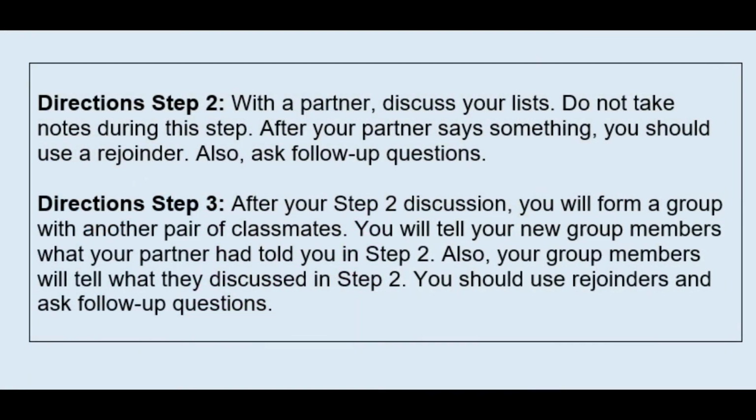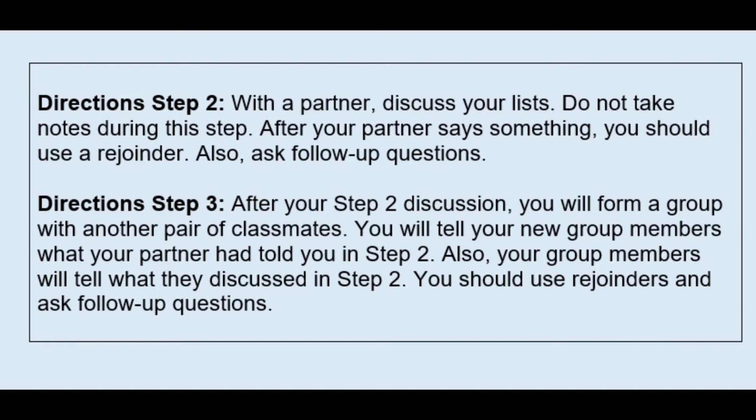So here are the step 2 and step 3 directions. Direction step 2: with a partner, discuss your lists. Do not take notes during this step. After your partner says something, you should use a rejoinder. Also ask follow-up questions.